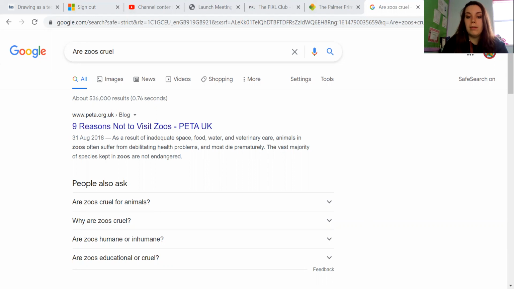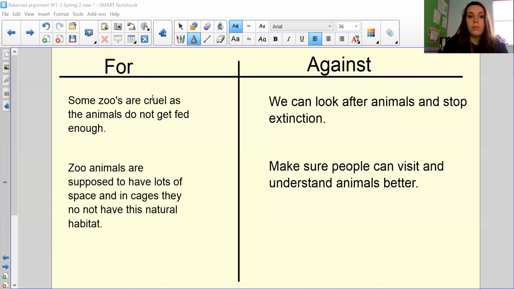So there are my 2 points there. So you can use research on Google to make sure that you have put those in. So I've put those points into my table. Here it is. So I've put in my for that zoos are cruel and animals do not get fed enough. And in my against, I've spoken about the extinction.